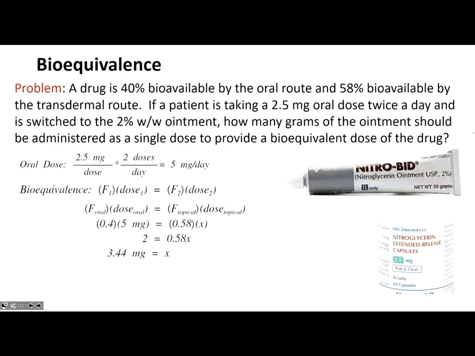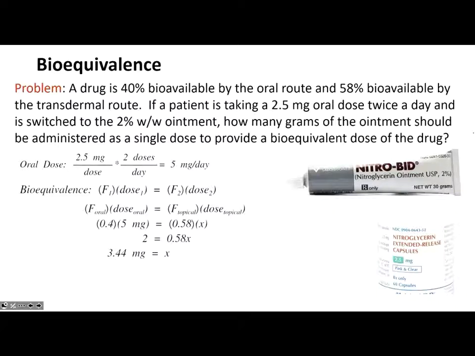So the F would be 0.4 for the oral. We were told the daily dose was 5 milligrams, so 0.4 times 5 milligrams on one side should be equal to the F for the transdermal route, which we said was 58%. That's, well, 58 divided by 100, that's 0.58. So the F is 0.58 times X. I'm solving for the dose. I want the dose that would be equivalent to the oral.